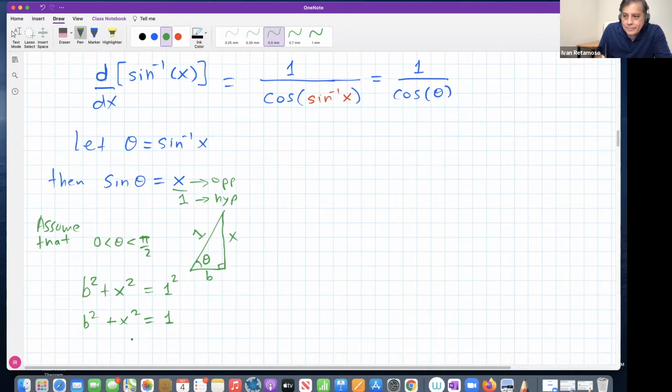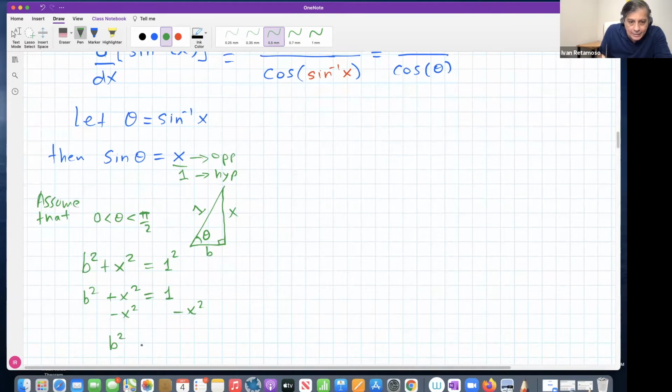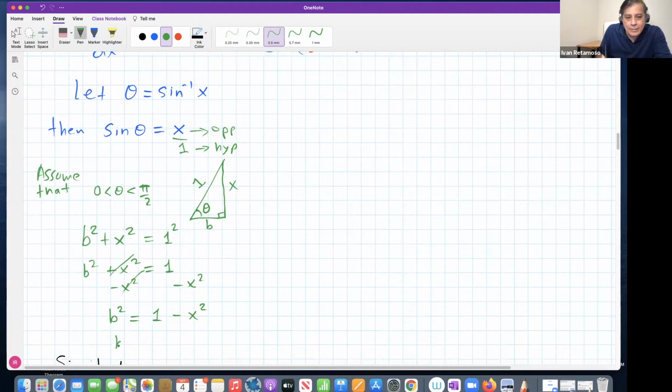And from there, subtracting x squared on both sides, I can find that b squared is equal to 1 minus x squared, right? And since the angle theta is acute, this should be positive. B should be equal to the square root of 1 minus x squared, right? That is b. Immediately put it here.